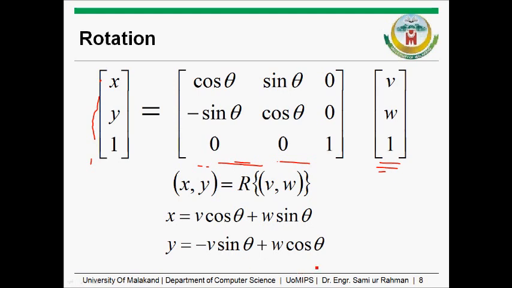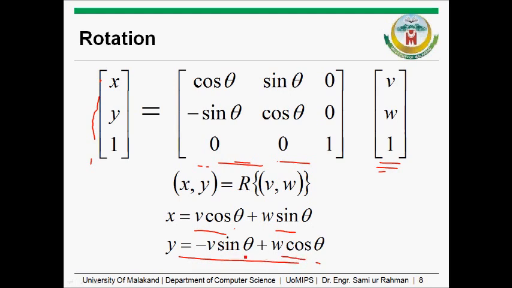This was the previous equation. You can just multiply this matrix with this vector and you will get these quantities. Clear? And for y you can multiply this with this vector, so you will get this quantity.